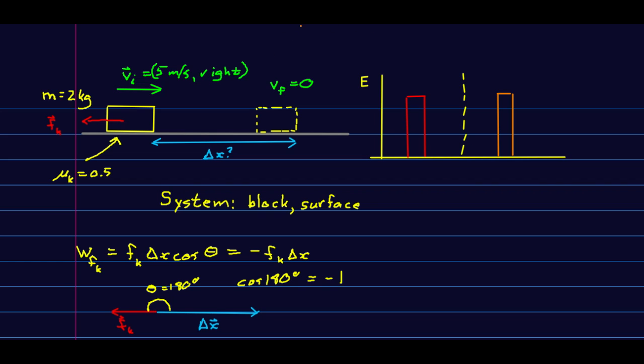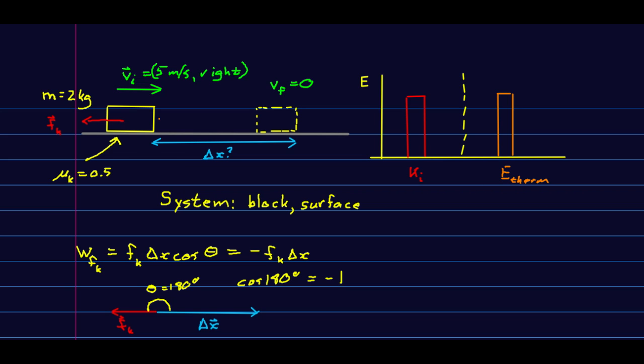And I'm calling those both internal forms of energy because I've included the block in the system and I've included the surface, which is exerting this friction force, which is causing this transformation into thermal energy. Now I'll just comment.